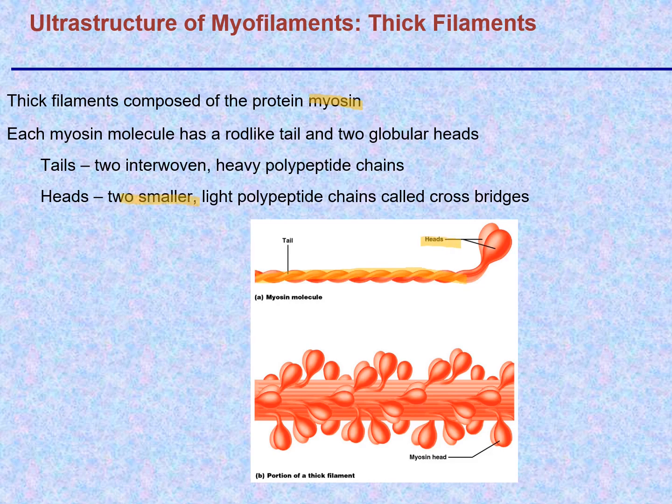There are two smaller heads on it, and these myosin heads are the structures that will bind to the thin filaments. So you have two interwoven polypeptide chains making up these tails, ending in the heads, which are smaller polypeptide structures that can eventually form the cross bridging.